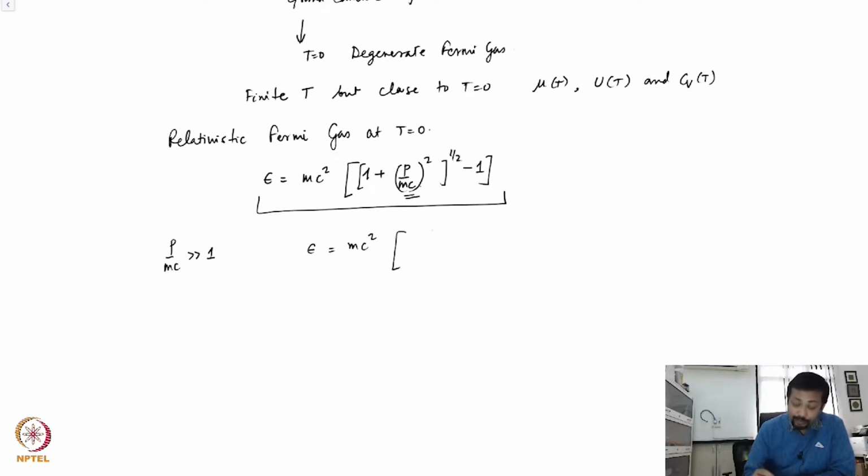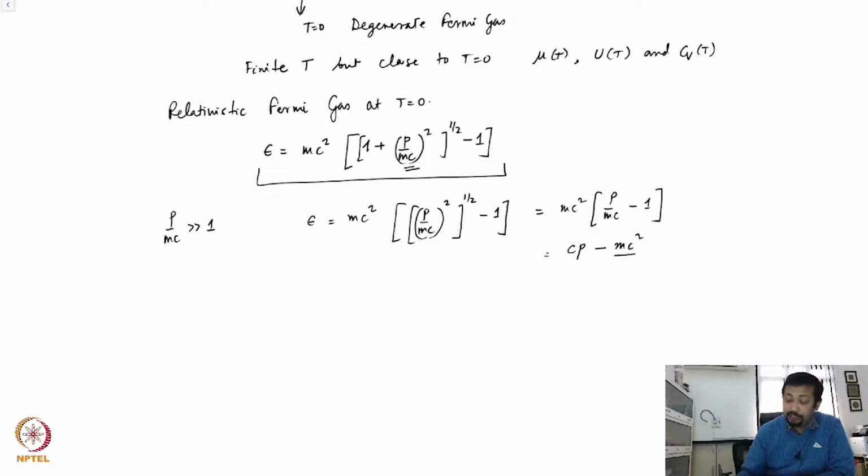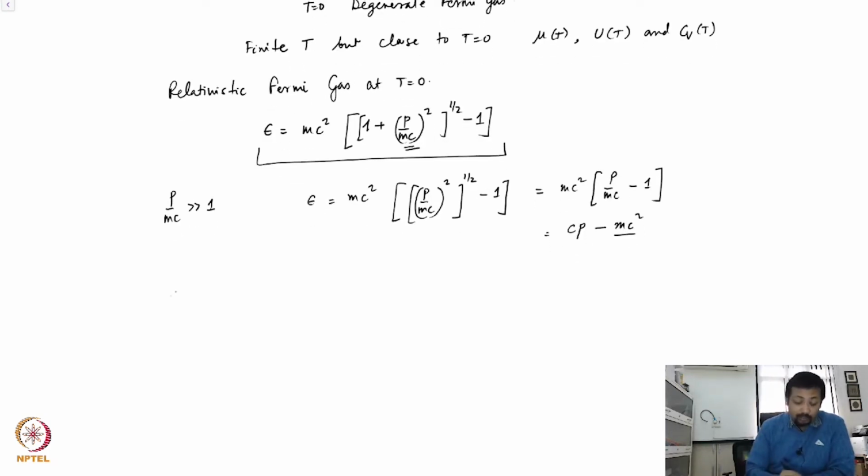This is the term which dominates, so (p over mc) whole square, and then I have raised to the power half, minus 1, which becomes mc square times p over mc minus 1, which is just c times p minus mc square. This is your rest mass energy, as you already know, and this is the case of an ultra-relativistic gas.